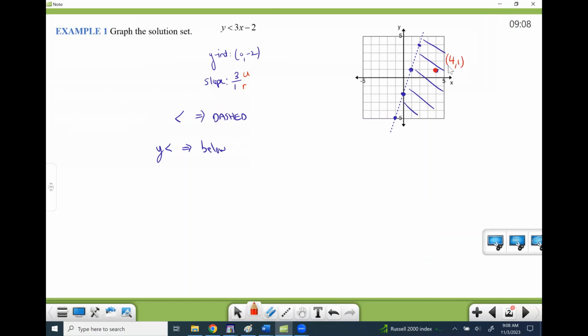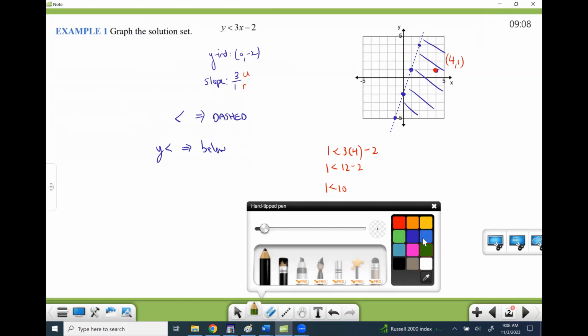It should work because we shaded it. So if we substitute 4, 1 in, 1 for the y and 4 for the x, we get 12 - 2. And so we get this inequality that says 1 is less than 10. That's true. 1 is less than 10.